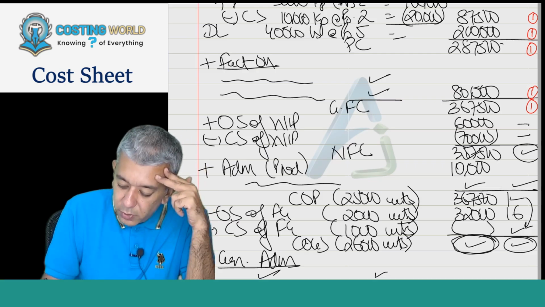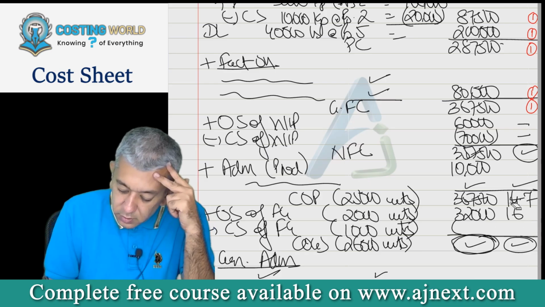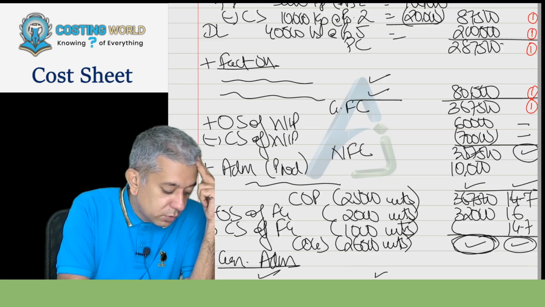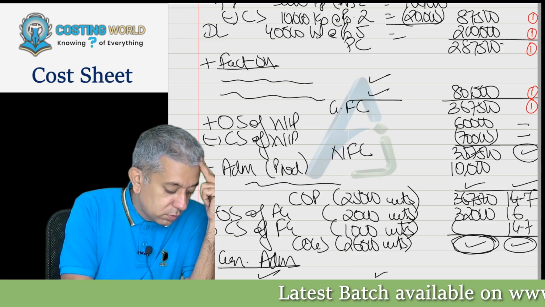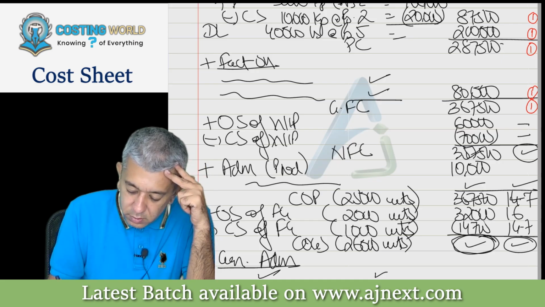This was 14.7, no? Yes, sir. So 14.7 into 1000, that is 14,700.